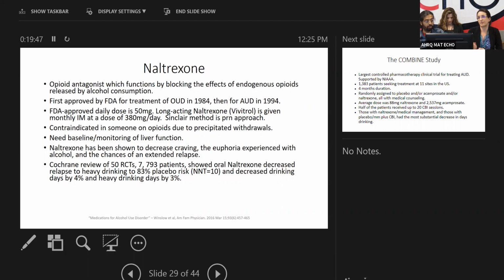Basically, if someone is taking it and has a drink, then what it's been shown to do is help decrease the chances of that one drink turning into an extended relapse. Again, lots of evidence as supported by Cochrane review showing a decreased relapse to heavy drinking when compared to placebo.